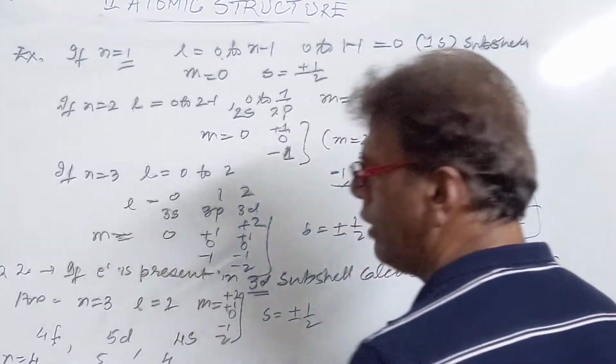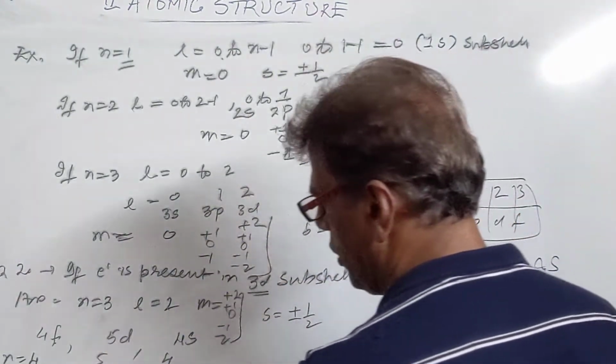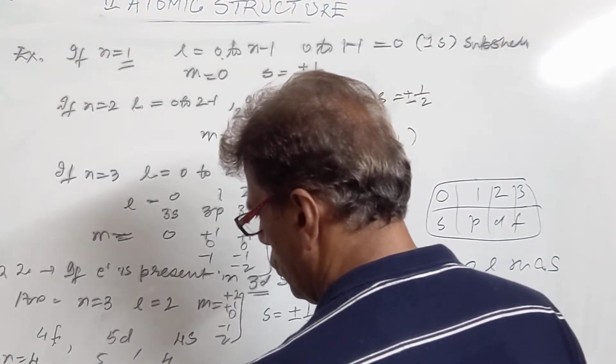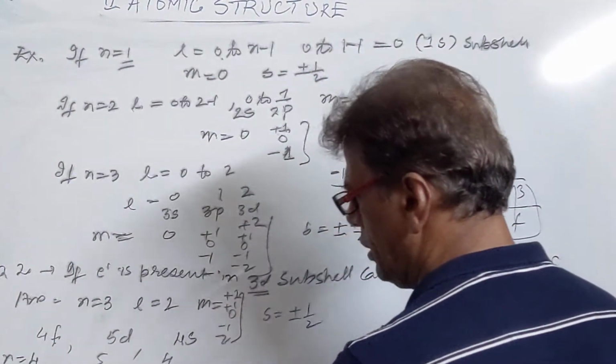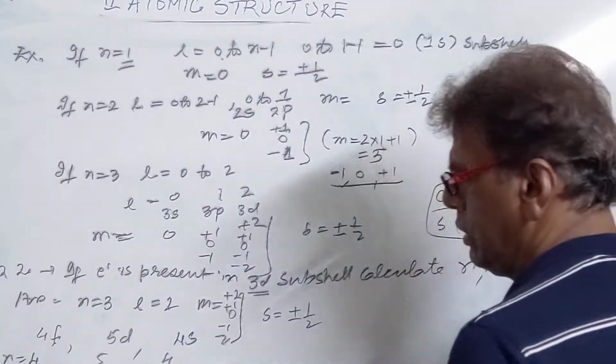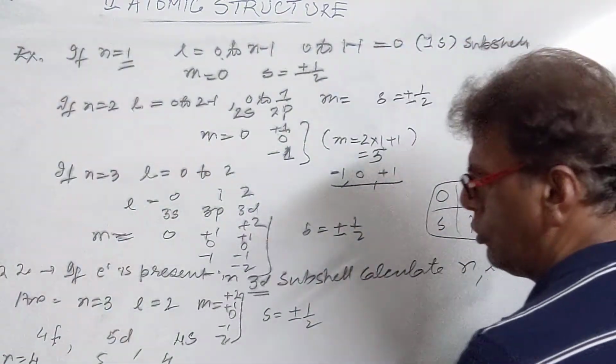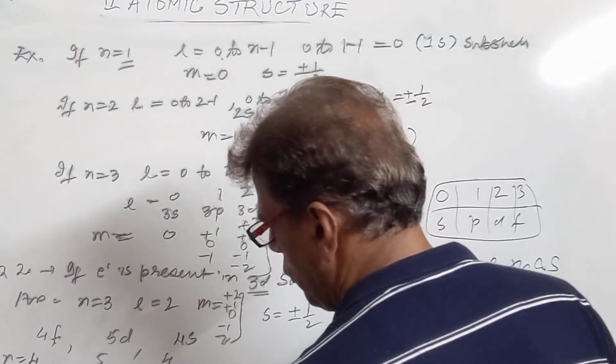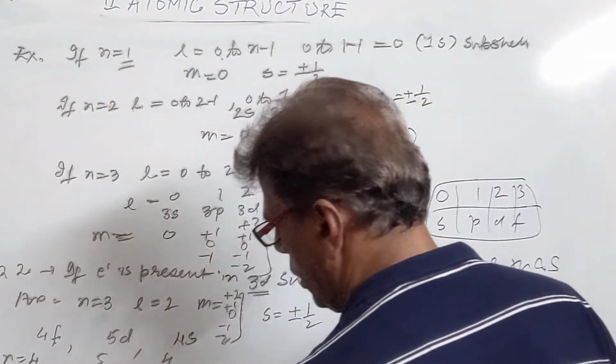Since we have 7 values of the magnetic quantum number, here it will go up to plus 2 and minus 2, 5 values. Here it is 0 only. So this is regarding the values. l is 0, m is 0. The spin quantum number for all is either plus half or minus half.